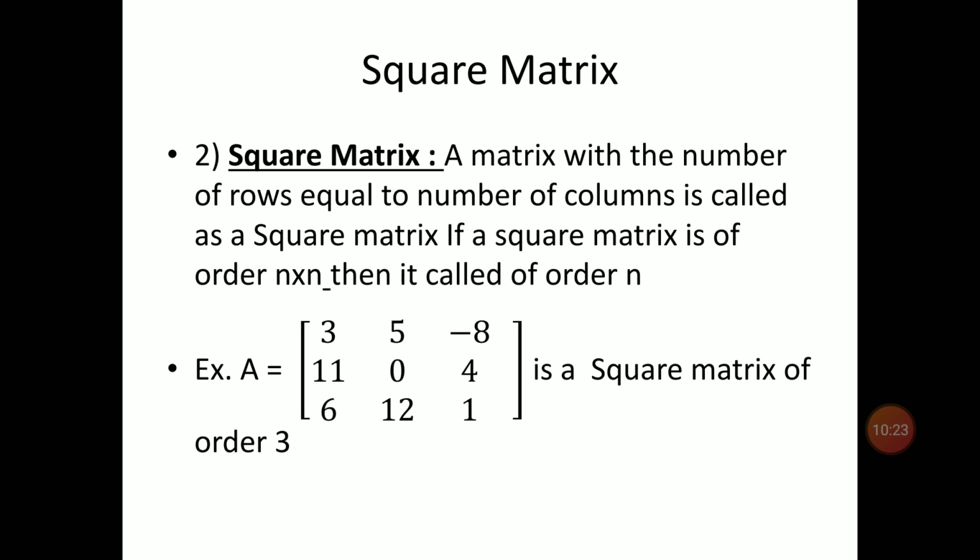But if the number of rows in a matrix is equal to the number of columns, for example over here in matrix A, the number of rows is equal to 3 and the number of columns is also equal to 3, and therefore it is a square matrix of order 3 by 3, or we can also say it is a square matrix of order 3. In general, if a square matrix is of order n cross n, that means it contains n columns as well as n rows, then it is called a matrix of order n.